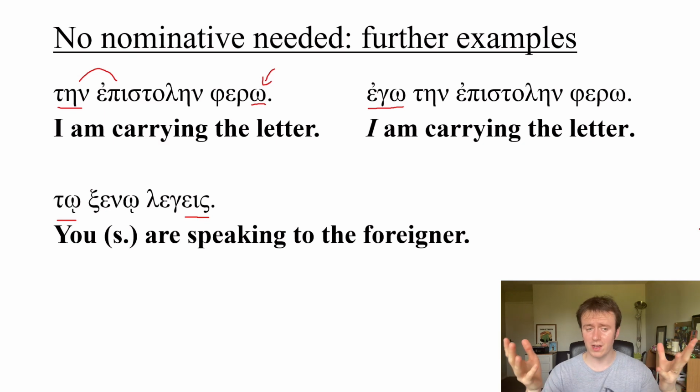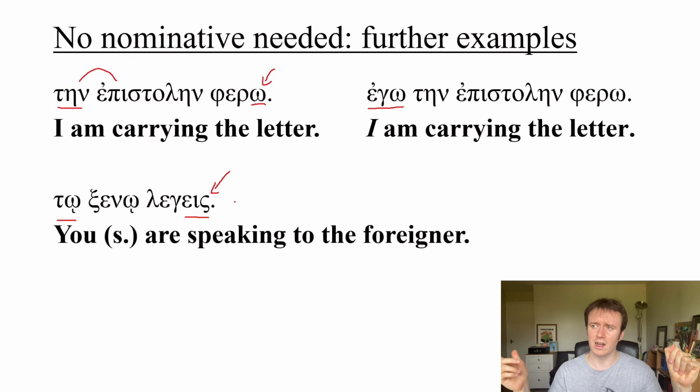And here we don't have any nominative noun or pronoun, and therefore we have to just rely on this person ending ace, and that's why we translate it as you singular are speaking to the foreigner, because we know that you singular are doing the action from the person ending ace, but we don't know who the you singular is. The context will make it clear who that you singular exactly is, but we would still translate it as you singular.